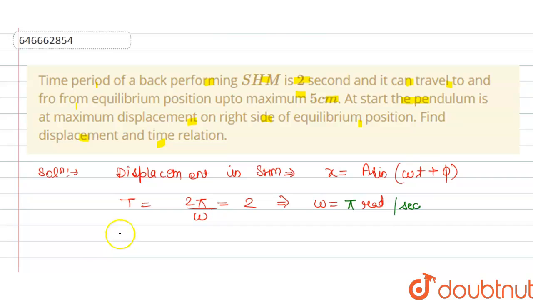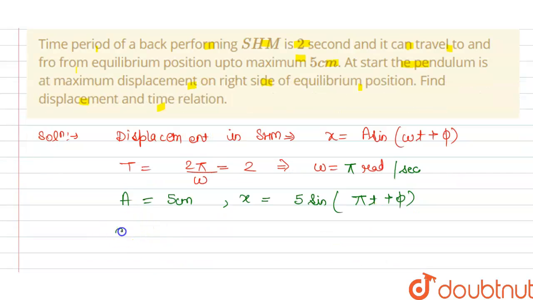And we have the amplitude A is 5 centimeter, that is given to us. And we have the equation x equals 5 sine(pi t plus phi). And we have the displacement at time t equals 0, x equals 5 sine phi.